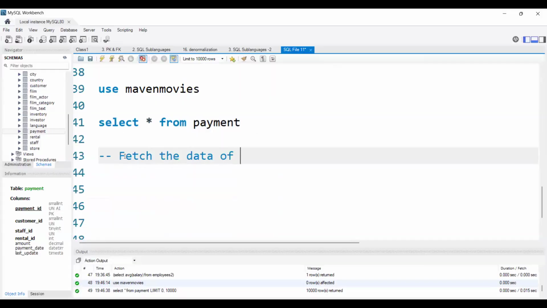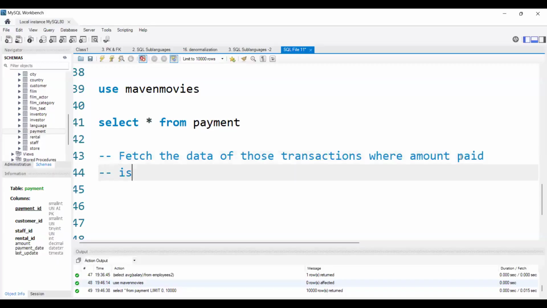Fetch the data of those transactions where amount paid is greater than, same question almost, I'm just using another table, average amount.